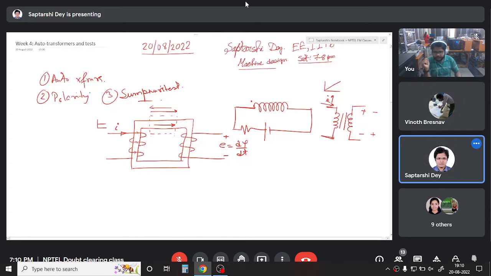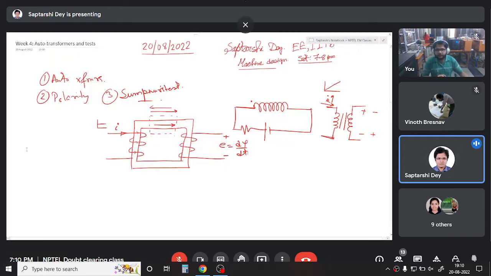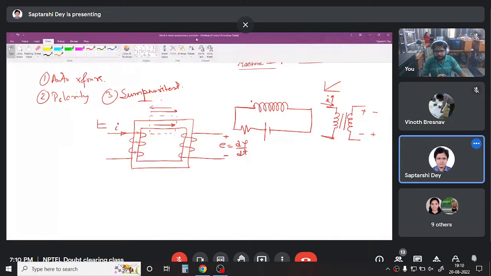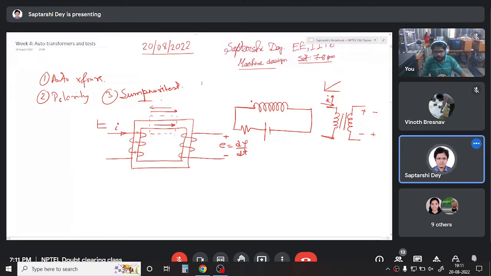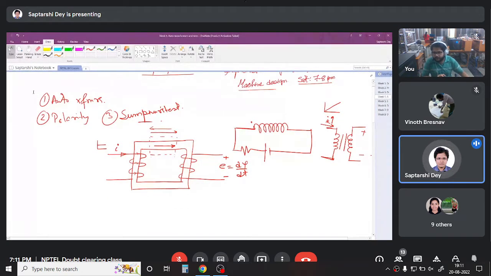Now, suppose instead of having a constant current, I have an increasing current. Okay. So now my current is like this.